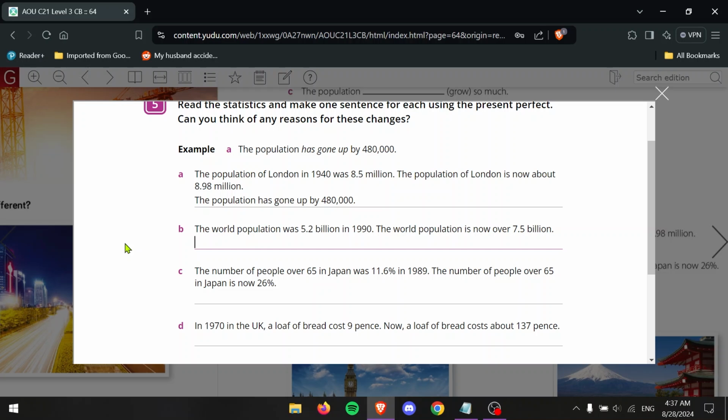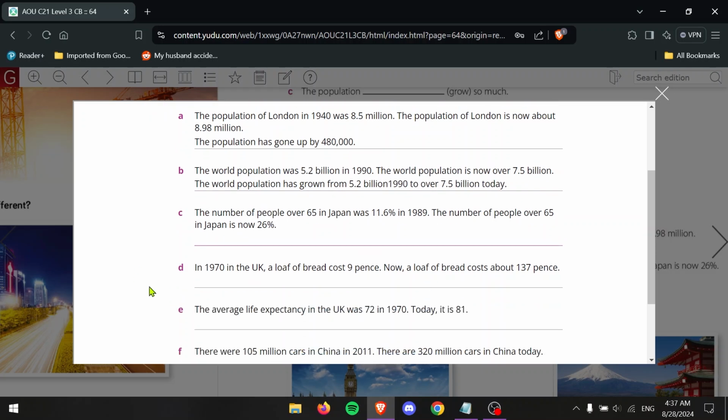We could say something like, the world population has grown from 5.2 billion in 1990 to over, how much was it? 7.5 billion today. There you go.